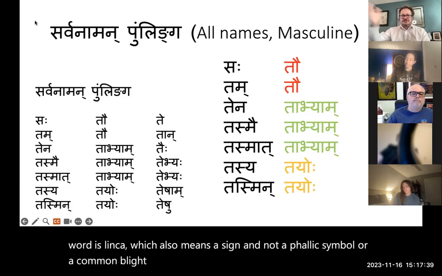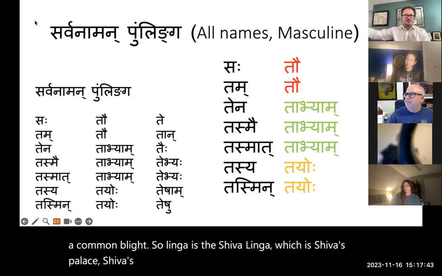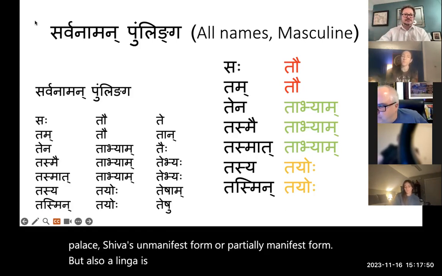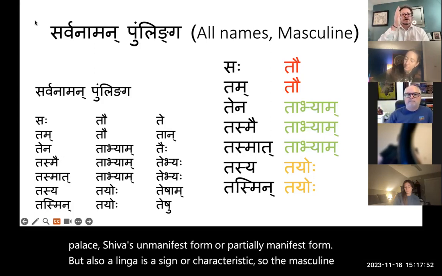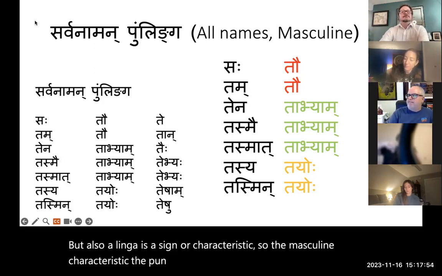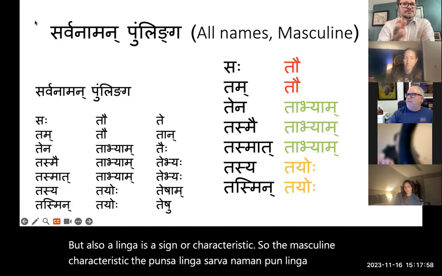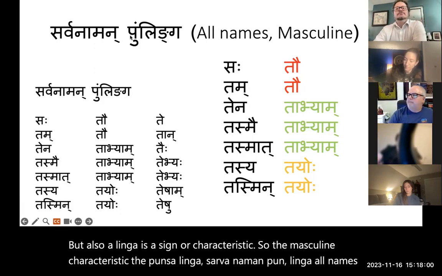So linga is the Shiva linga, Shiva's phallus, Shiva's unmanifest or partially manifest form. But also a linga is a sign or characteristic. So the masculine characteristic, the punsa linga. Sarvanaman punlinga, all names, punlinga. Here we go.